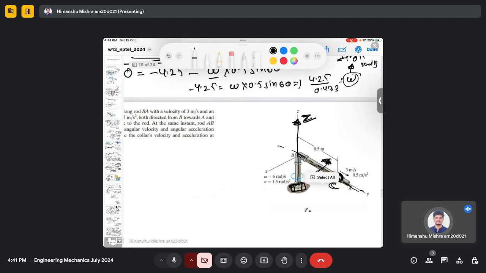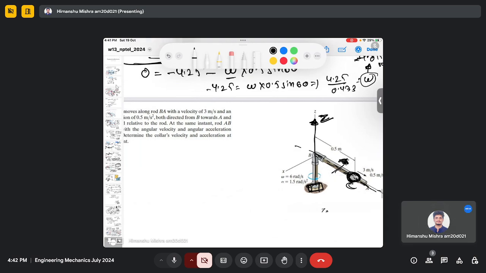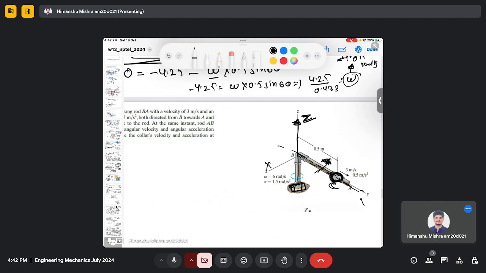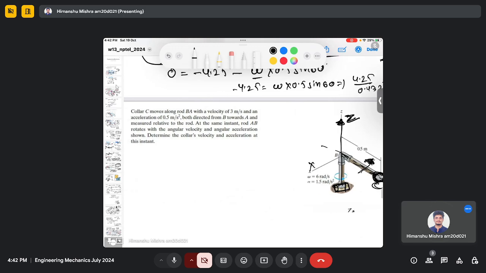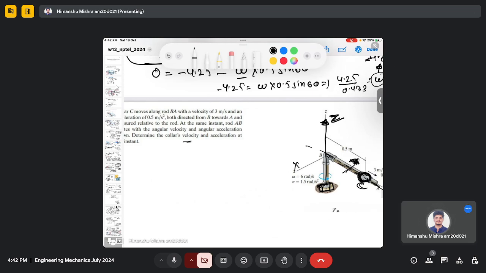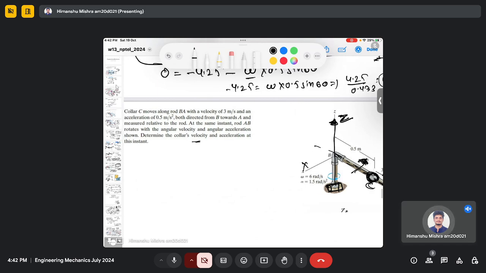So here in this question we will assume that at a given instant my rotating coordinate and fixed coordinate will align. So this is at a given instant, and we need to define the velocity and acceleration of a collar C. So we will be writing the equation.